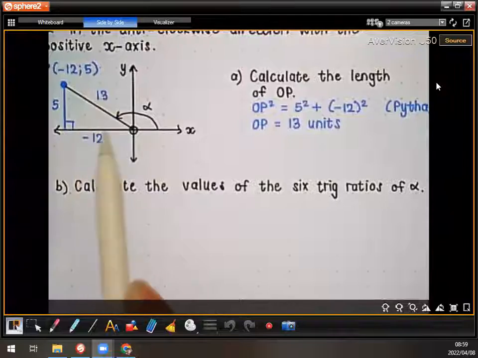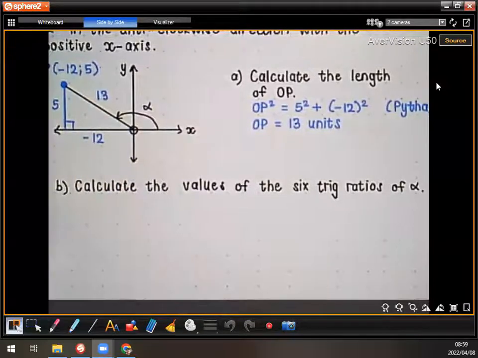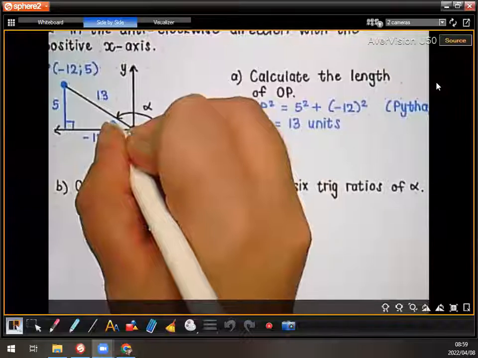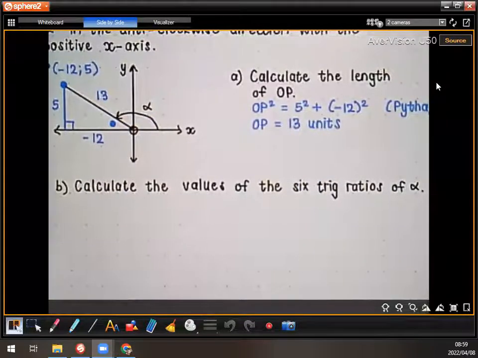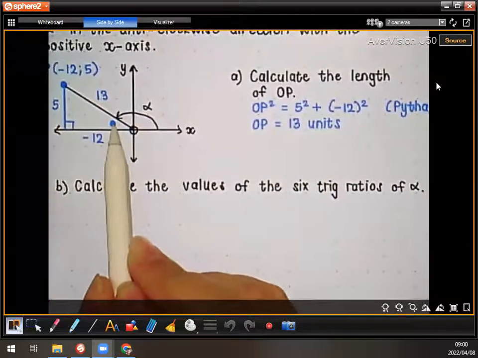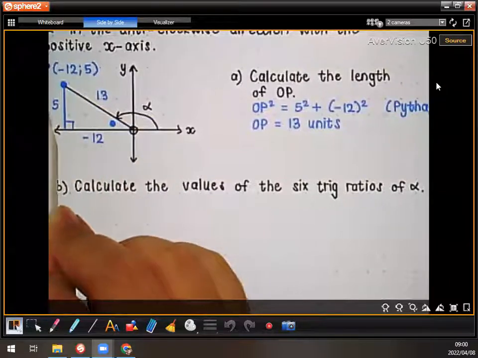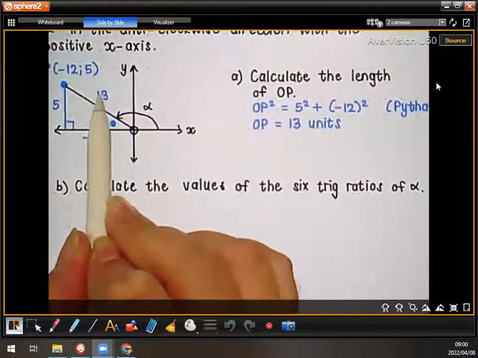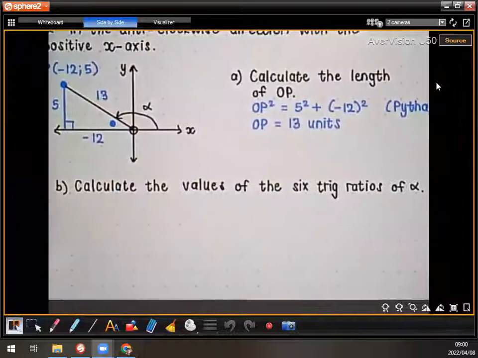In this triangle, now guys, we don't have time to explain it now, but you're going to use that angle as alpha. I will explain it when you graph this. So all you need to do in this triangle is say sine of alpha is 5 over 13, right? Opposite over hypotenuse. And then you do that for all of them.